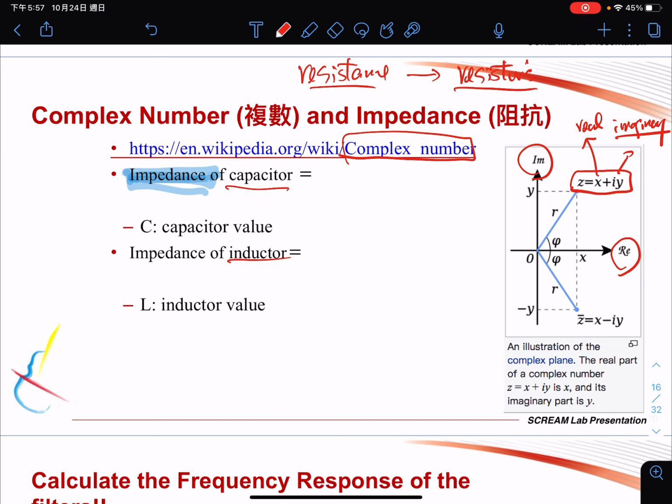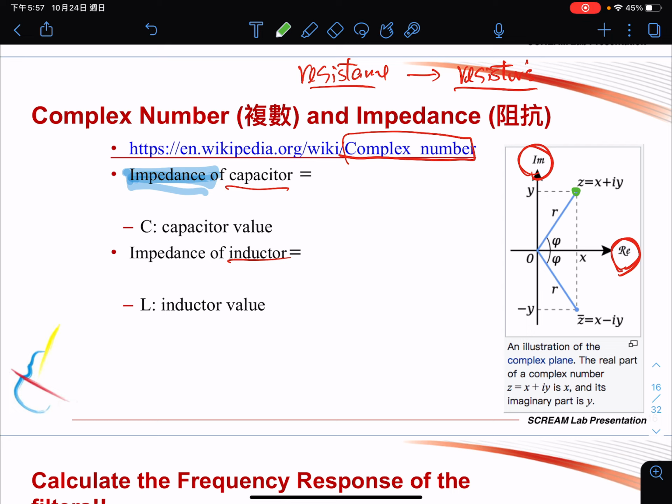If you draw it in a complex number plane, the x-axis is the real part and the y-axis is the imaginary part. So we can find a point z here. This point actually represents a number, okay?